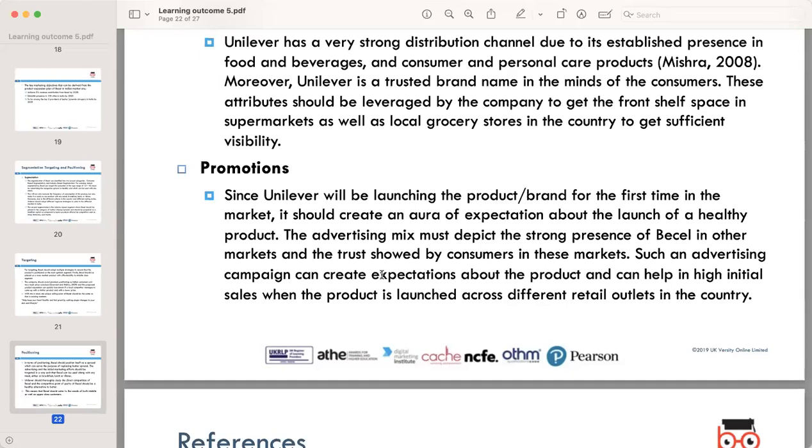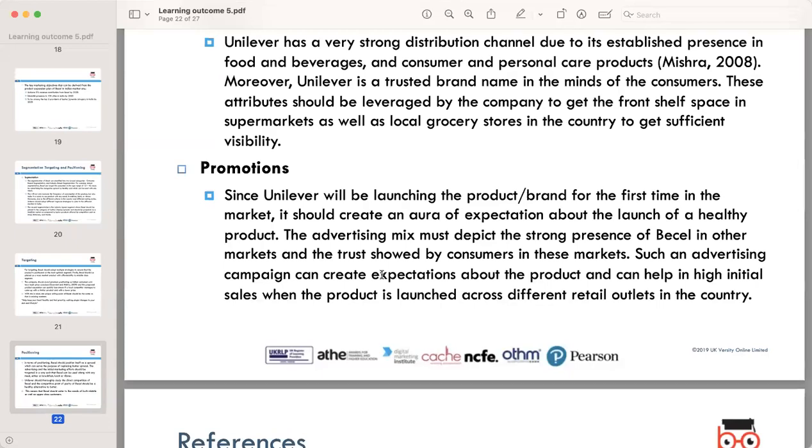By generating expectations about the product through our advertising campaign, we can drive high initial sales when Basil is introduced across various retail outlets in India. By implementing these strategies for product, price, place, and promotions, we aim to position Basil effectively in the Indian market, cater to the health conscious demographic, and establish a strong presence for Unilever in this segment.